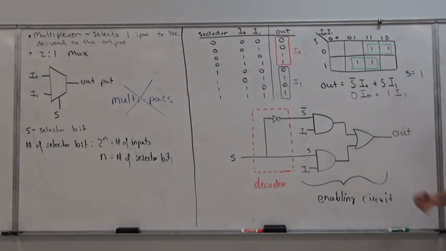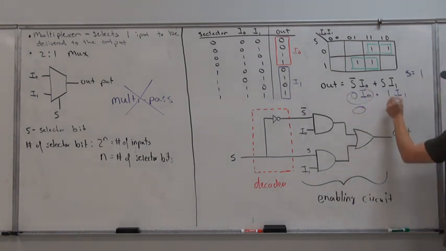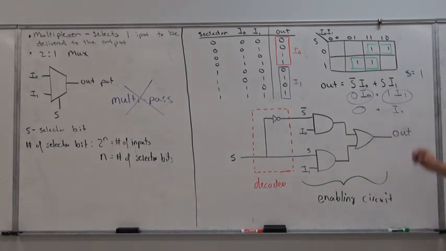So conversely, as we saw with I naught, if S is 1, then whatever the output of I1 is, if it's 1, then the output goes high. If I1 is 0, then the output goes to 0. It doesn't matter what I naught is, because that input is always being ANDed with 0. So this right here is always equal to 0, and this portion is always going to be ORed with I1. So that's basically how a 2-to-1 multiplexer works.